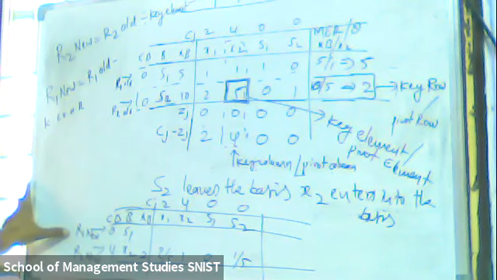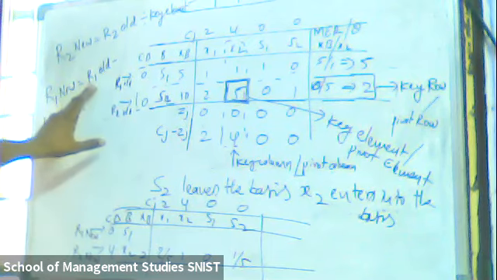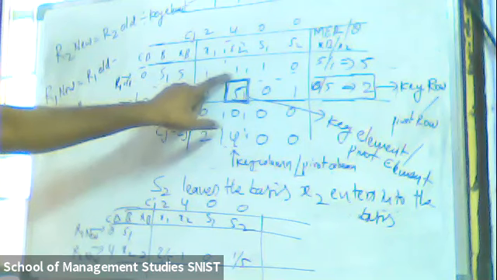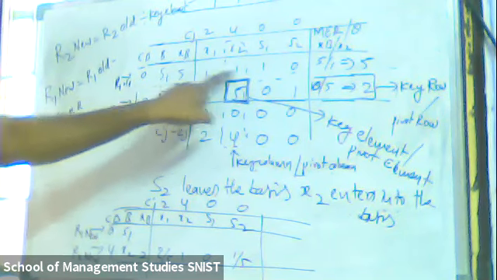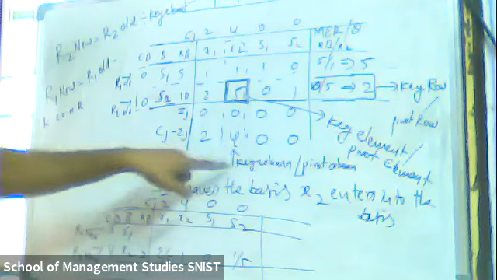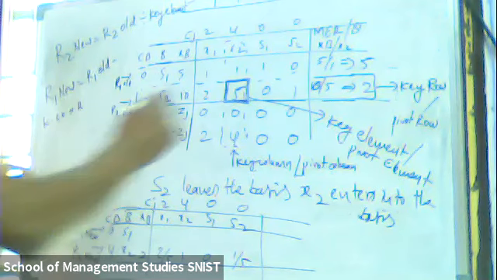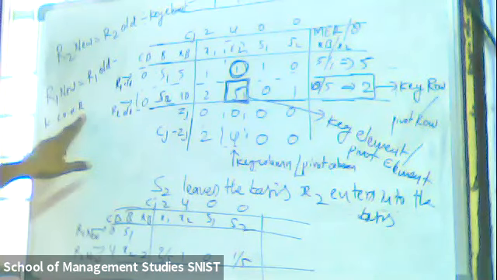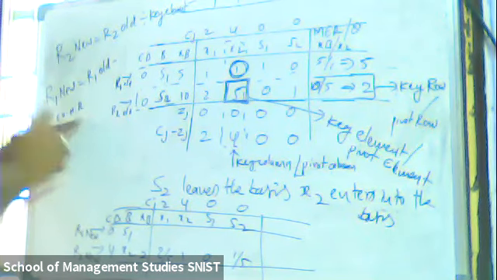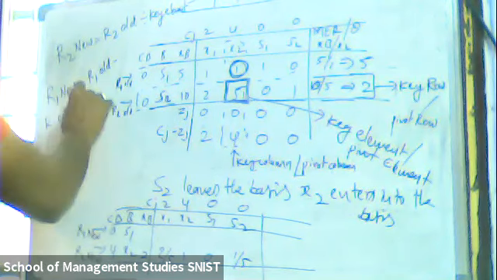So to find out R1 new, R1 old minus the key column value of that corresponding row. What is that? This one, right? Yes, sir. R1 new equals R1 old minus key column value of that corresponding row into R2 new.